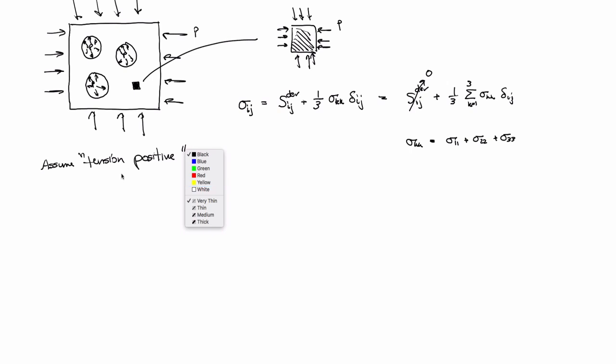Normally in the rest of the class we'll assume compression positive, but for this derivation only, we're going to assume tension positive. And so the way I have it drawn, P is clearly a compressive stress, so in a tension positive scheme, that's actually minus P.